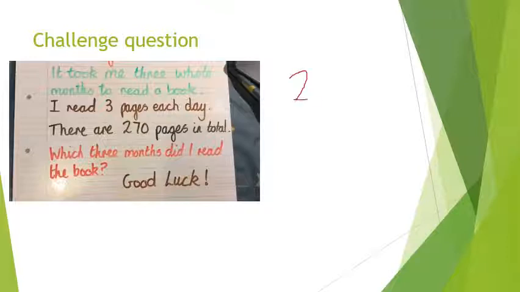So if I have 270, that's my total number of pages, and if I read 3 each day, I need to do a division to work out how many days it would have taken me to read all of those pages.